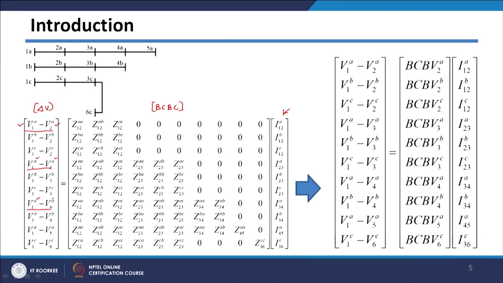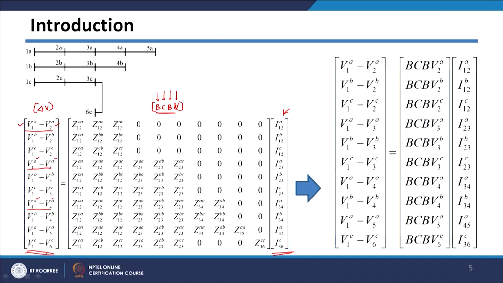So, the BCBV matrix basically converts your branch currents to bus voltages. This matrix is nothing but the branch current to bus voltage matrix. These are the branch currents, and these are the bus voltage differences.